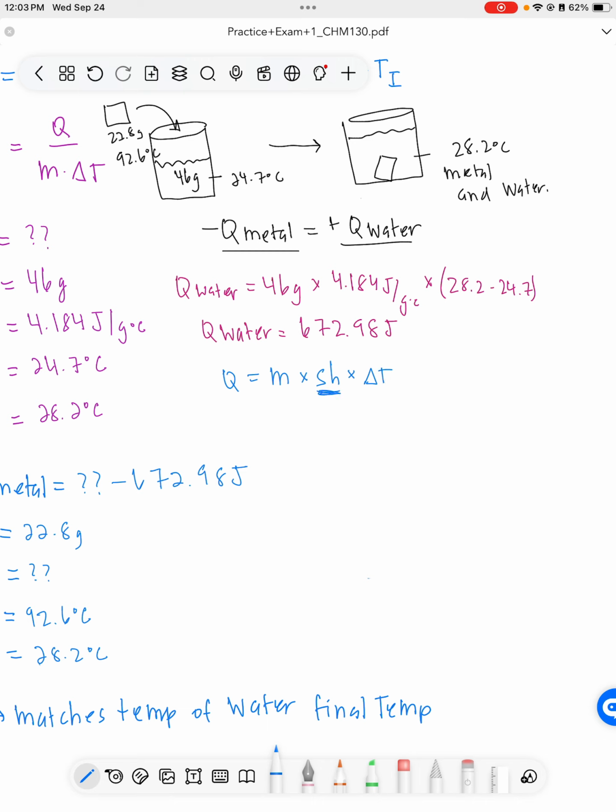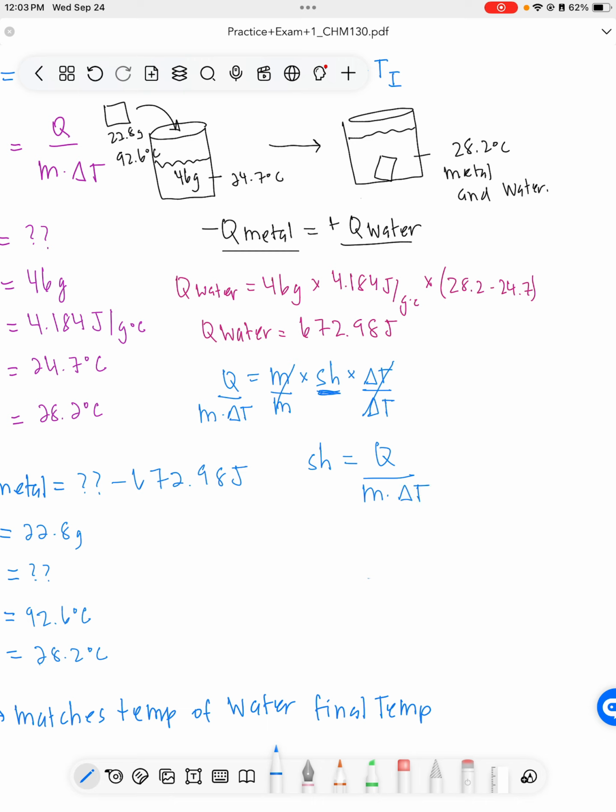So how can I get specific heat on the other side of the equal sign and the mass and the change of temperature with the Q? Well, since everything on this side is multiplied, I divide by mass and I divide by change in temperature, and anything I do on this side, I have to do on this side. Well, now I've isolated specific heat. So my specific heat equation that we're just going to plug and chug is going to be specific heat equals Q divided by mass times change in temperature.